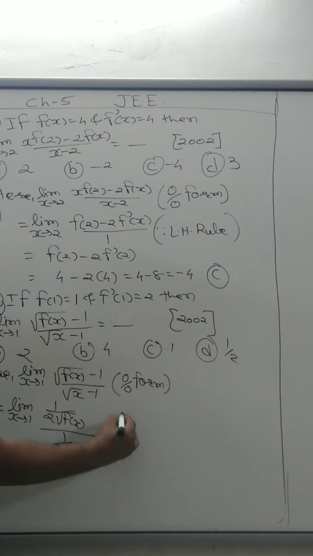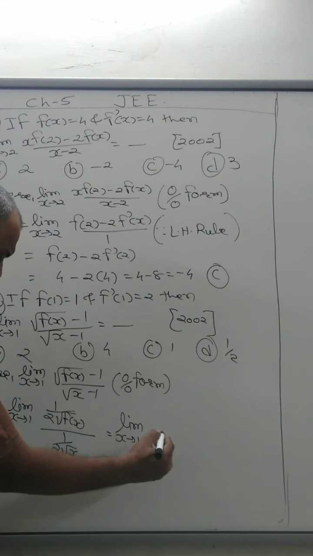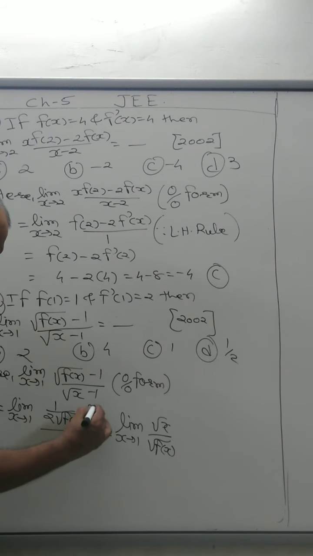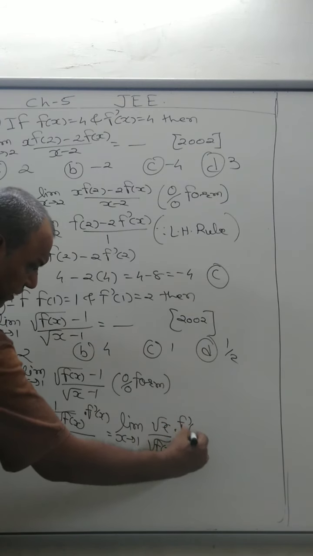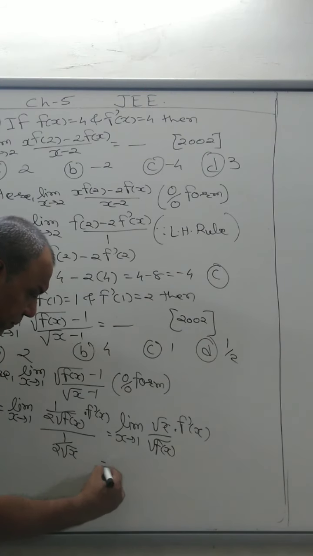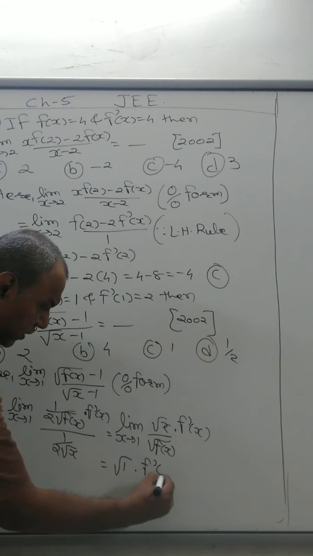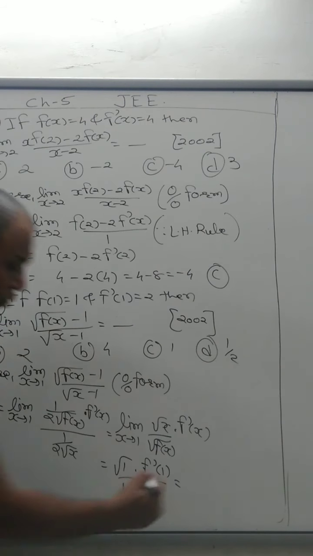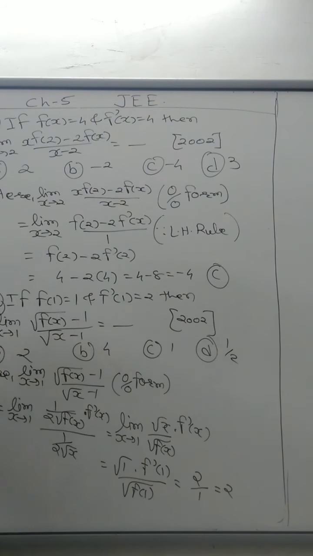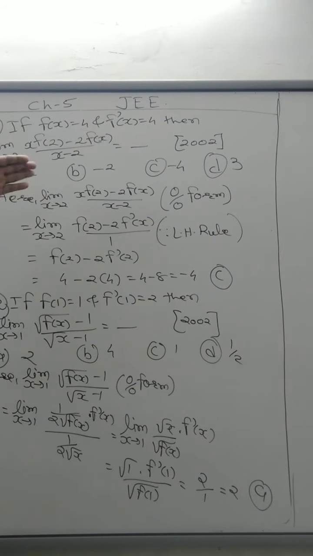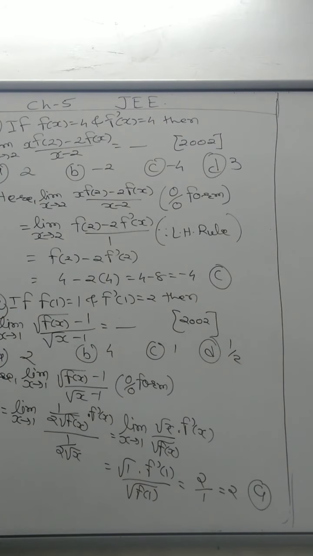So it is root x upon root f(x) into f'(x). Now we place the limit: root 1 into f'(1) upon root f(1). f'(1) is 2 upon 1, so it is 2. Our answer is 2, which means A. So this way we can find both sums with the L'Hospital rule.